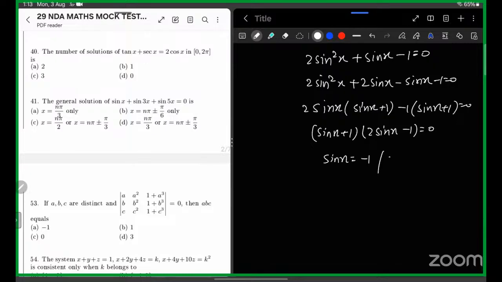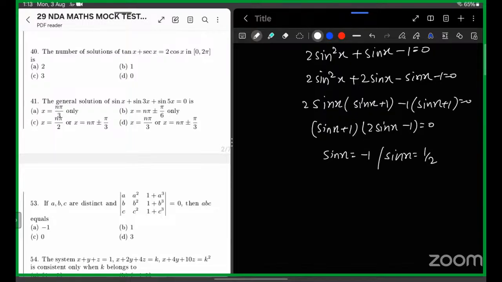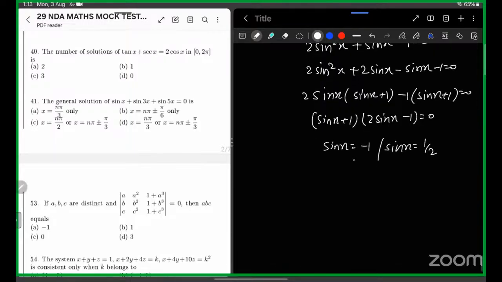Sin x equal to minus 1 and sin x equal to 1 by 2. Minus 1 sin की value आता है, here it is x is equal to 3 pi by 2. 1 by 2 के दो values आएंगे: x is equal to 30, that is pi by 6, and 5 pi by 6.